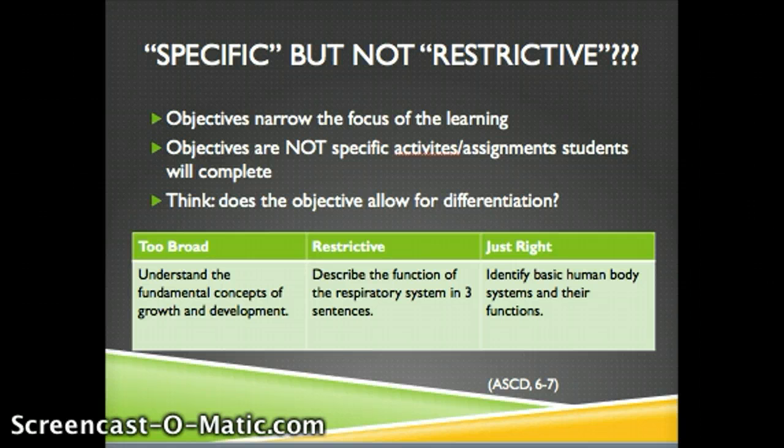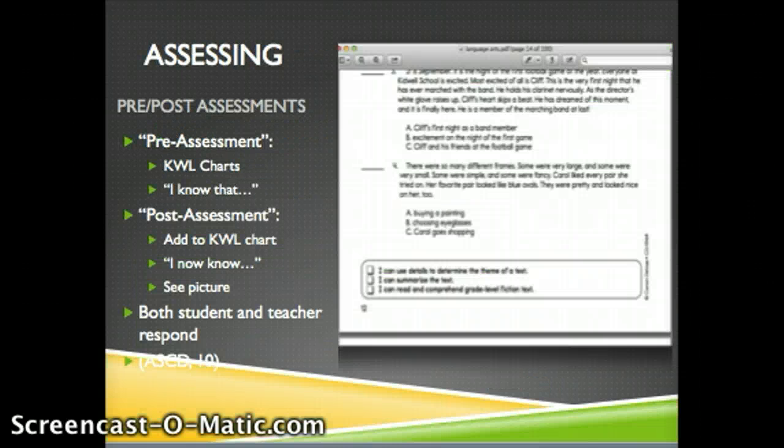And to the far right, it is the just right objective. Identify basic human body systems and their functions. It does not narrow students simply to 3 sentences, but allows for differentiation, and it's not a specific activity or assignment.